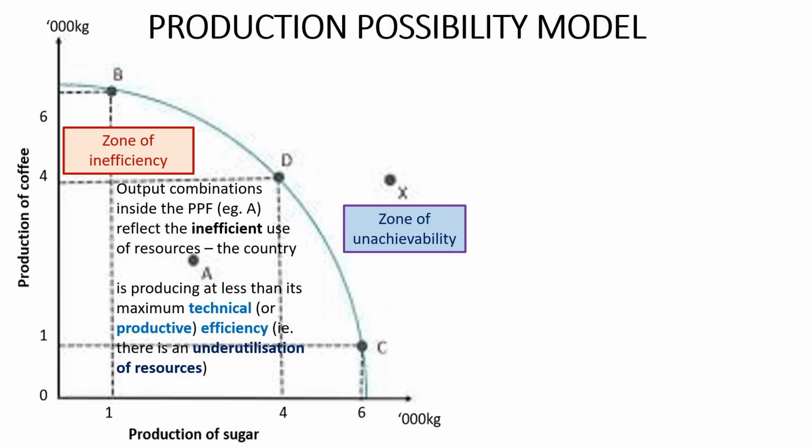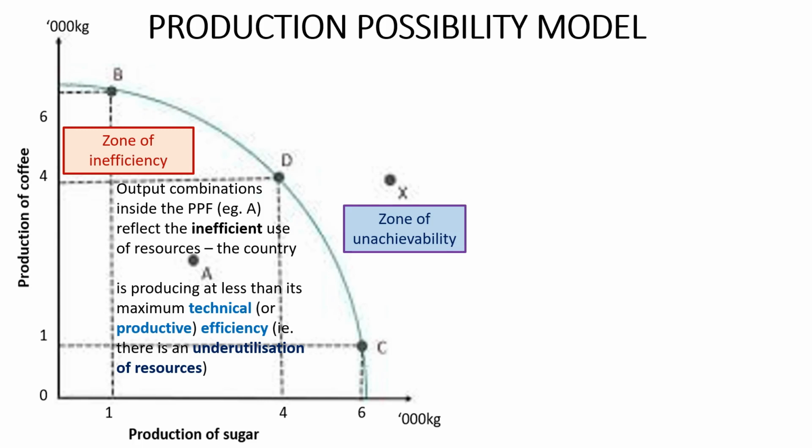In other words, when the country is producing output combinations inside the production possibility frontier, it is not using its resources efficiently. Instead, it is making inefficient use of those resources. Can you see the links between the production possibility model, the zone of inefficiency, technical efficiency, and productive capacity?